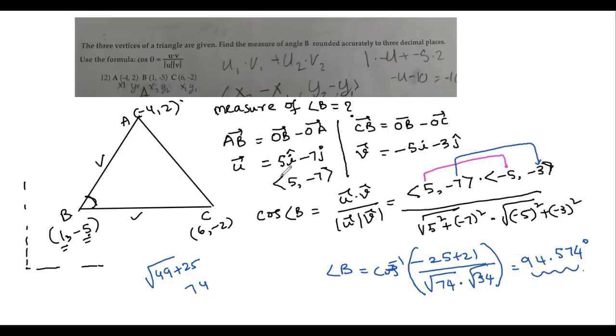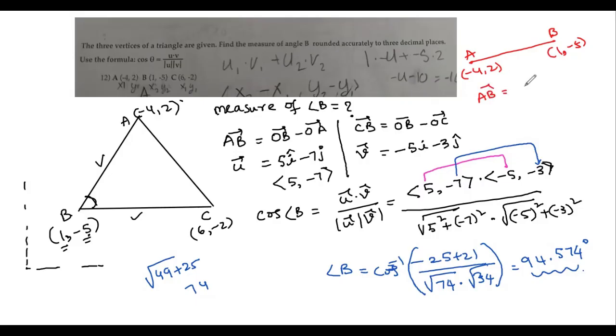Okay. So the main point in this question is you need to identify whenever 2 points are given to you, A point is -4, 2 and B point is 1, -5, and you want the vector AB bar.